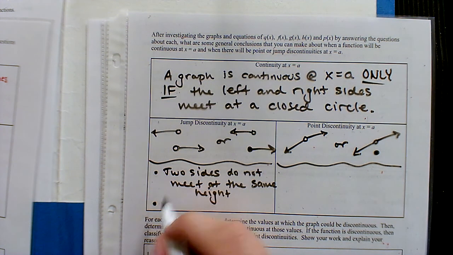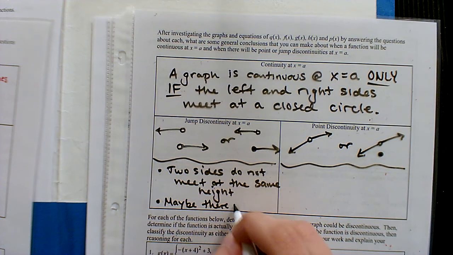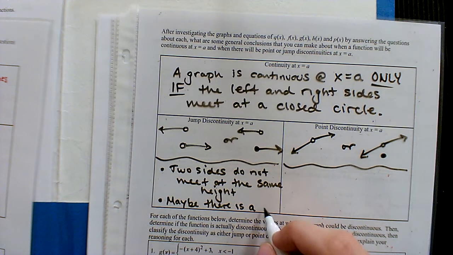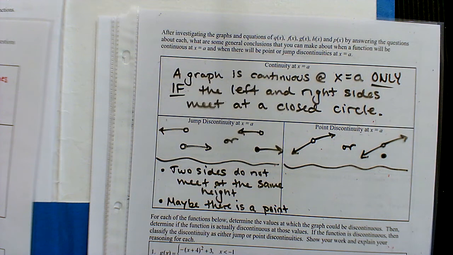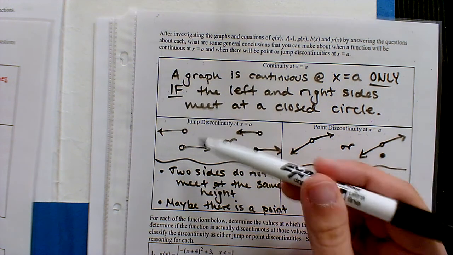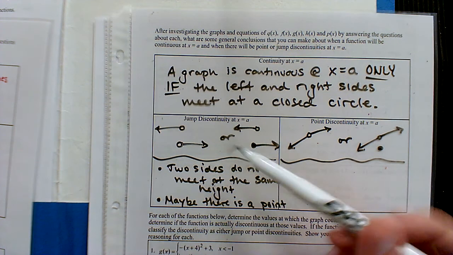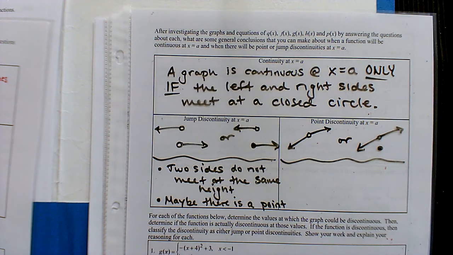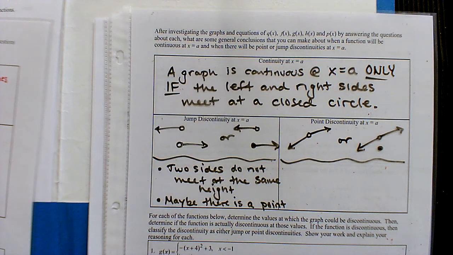So maybe there is a point, aka closed circle. There may be one or they may not be one. That's not affecting whether there's a jump. Okay, the whole idea of a jump is the two sides don't meet up. If there's a closed circle there or if there's not, has no effect on that. Okay, notice how in either one of these cases they're still not meeting up.